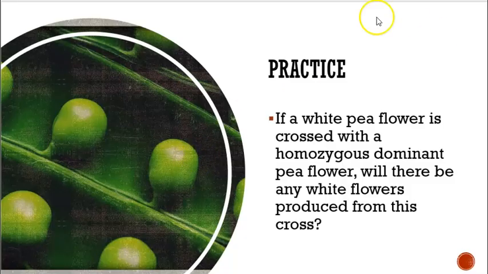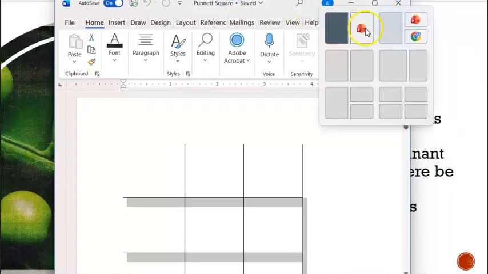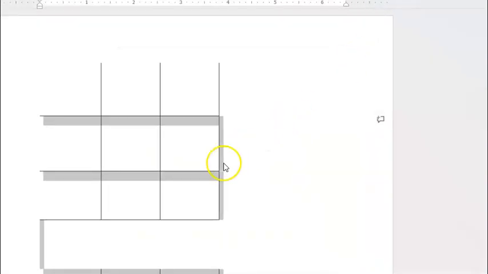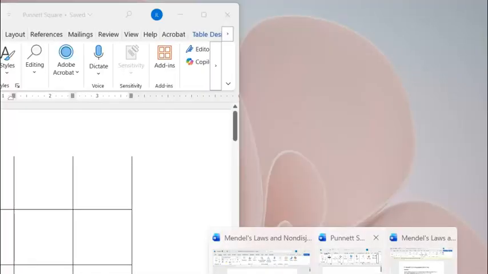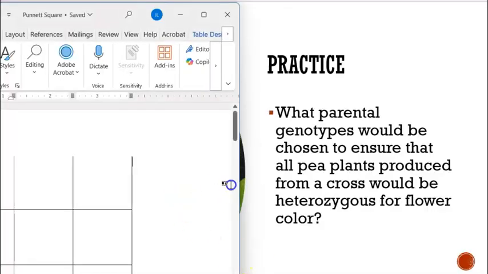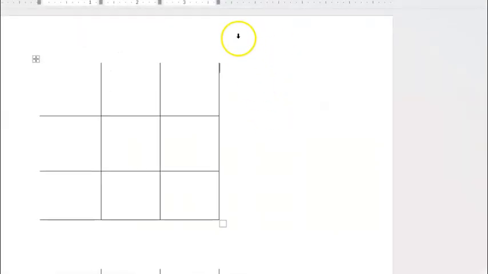All right, so let's see if I can move into position here an example of a Punnett square.